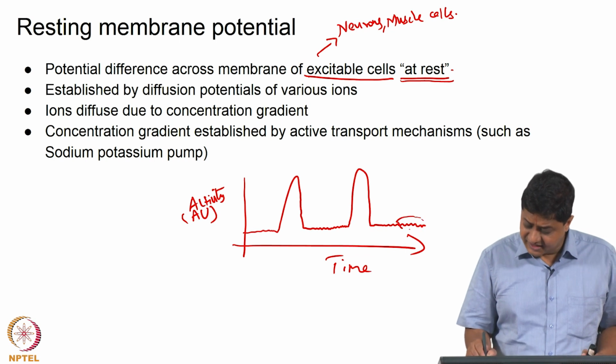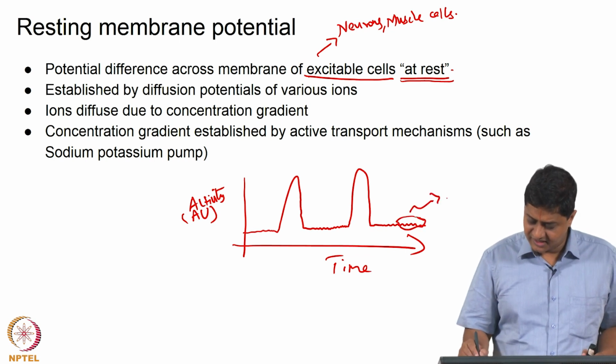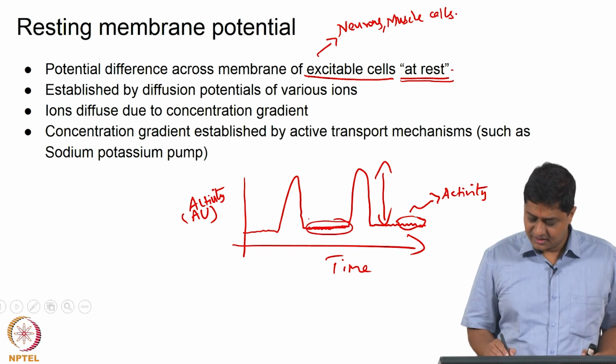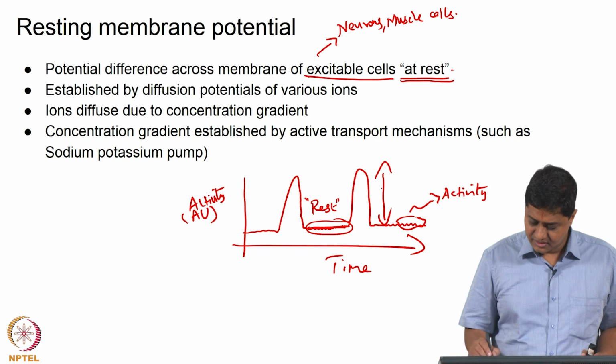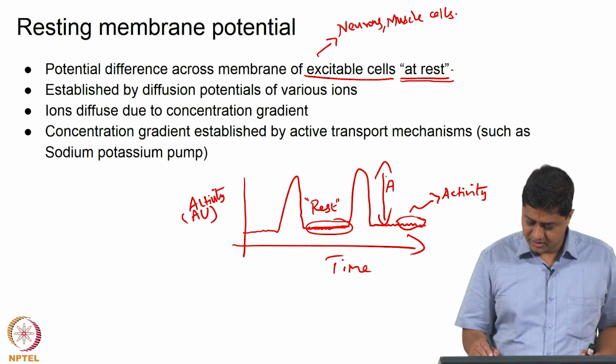There is always activity, note there is always activity, except that the amount of activity is much greater than this baseline activity. This period can be considered to be rest, whereas that can be considered to be action or activity.